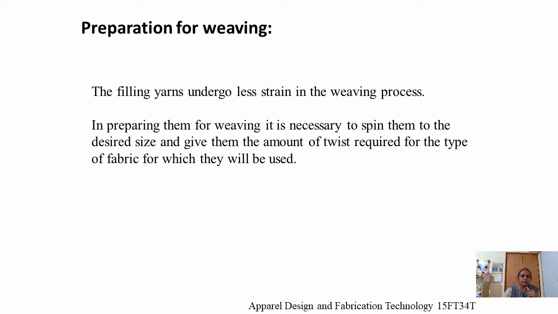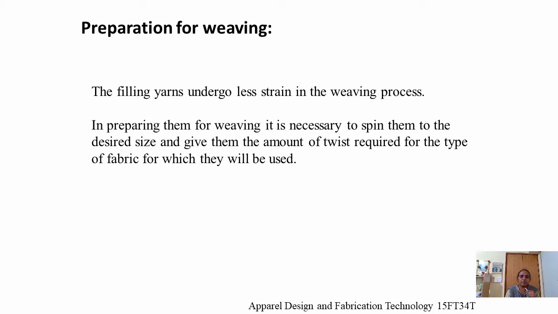The filling yarn undergoes less strain because the shuttle passes from one end to the other, interlacing the weft yarns. The shuttle takes the abrasion, so warp yarn undergoes more strain than the weft yarns.